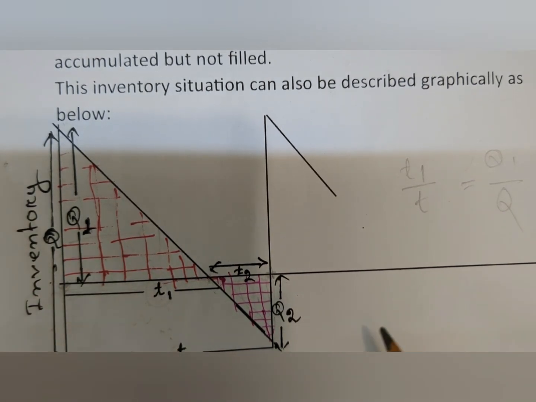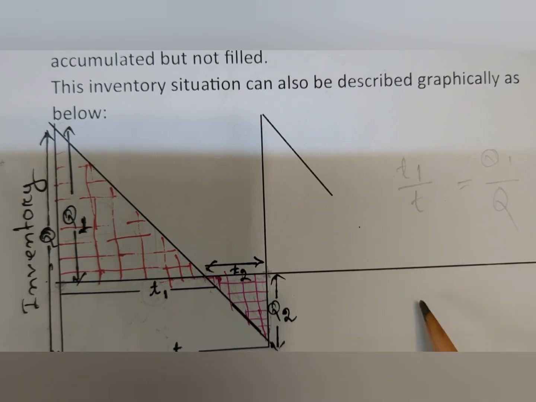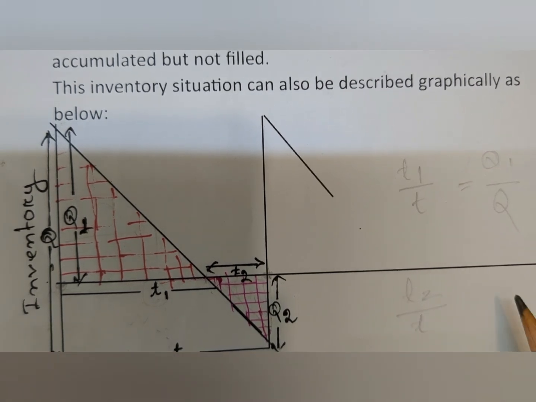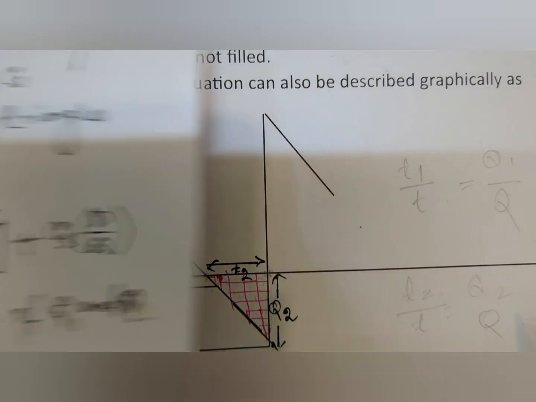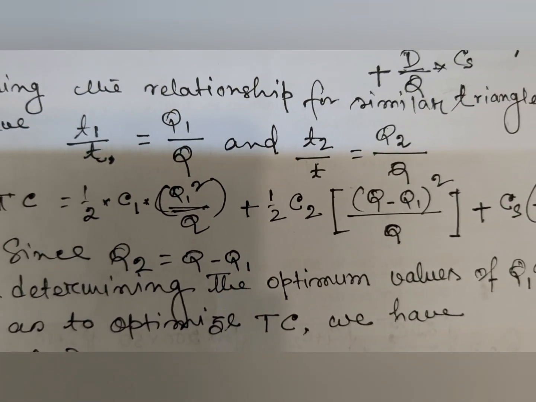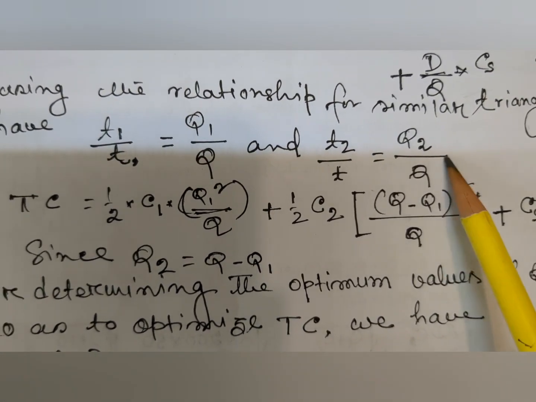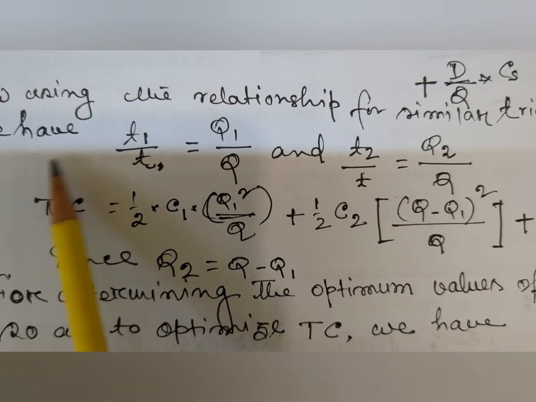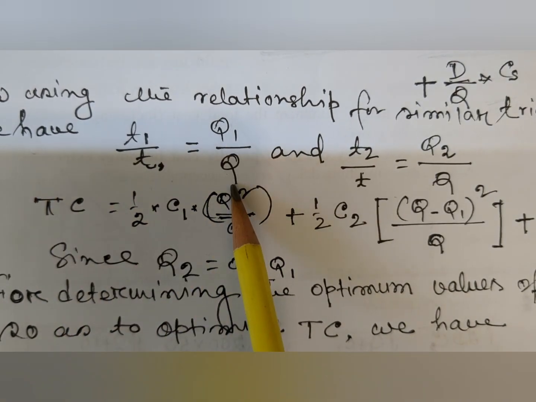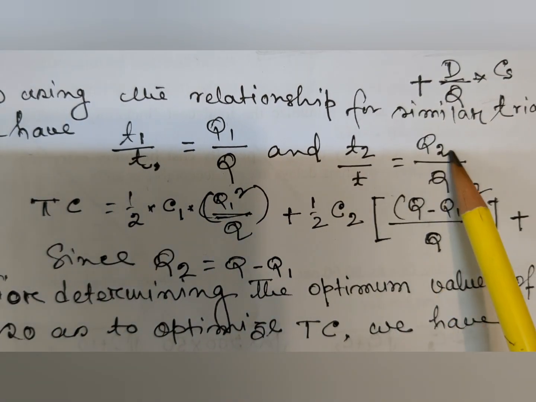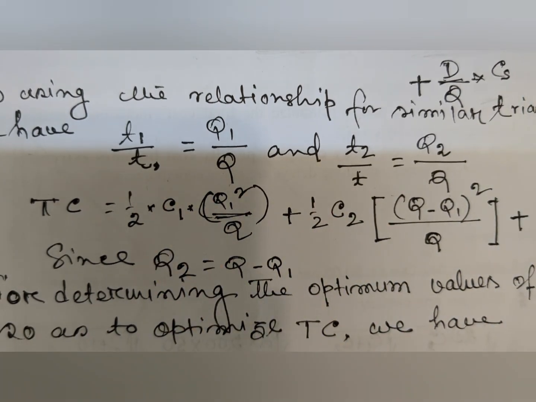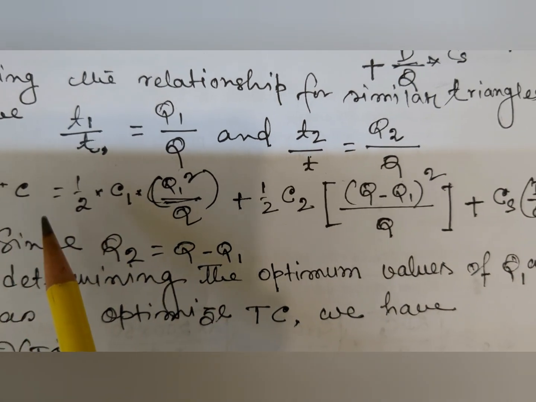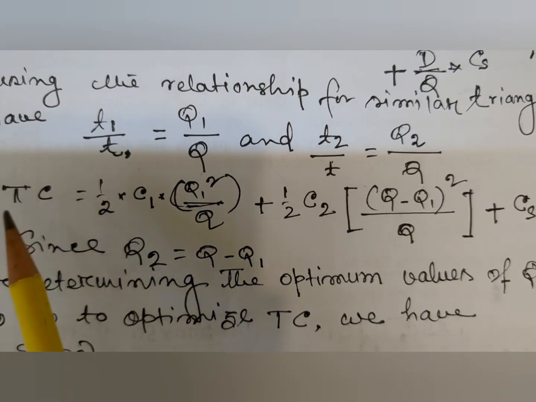That's why we can write T2 divided by T is equal to Q2 by Q. That is, we have T1 by T is equal to Q1 by Q, and T2 by T is equal to Q2 by Q.